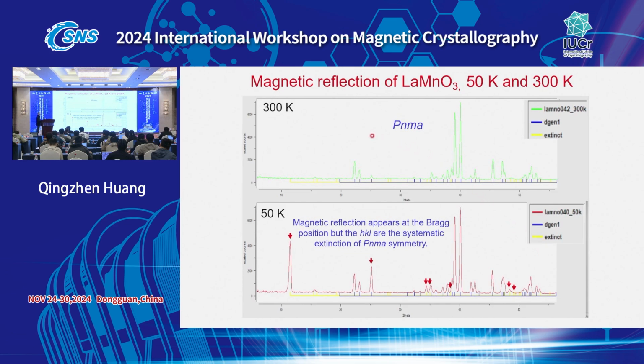After this, we compare 300 to 50 Kelvin. At 300 Kelvin, for the extinction peaks there was no evidence to see them. But at 50, those peaks have some intensity.